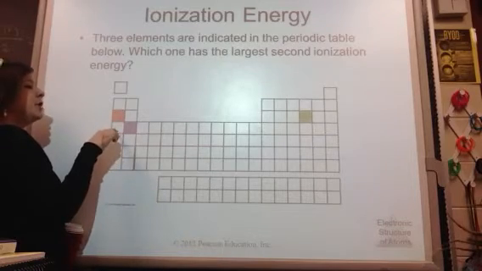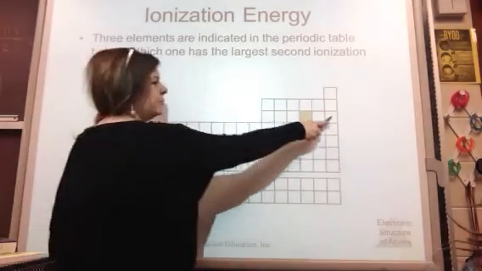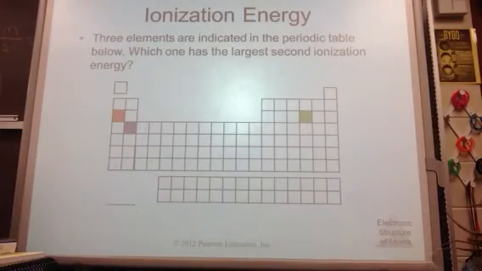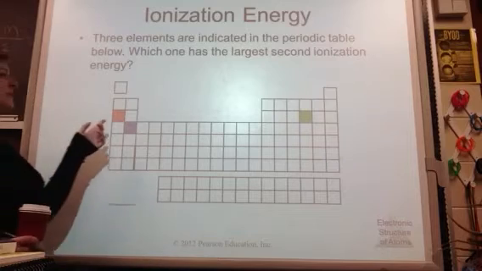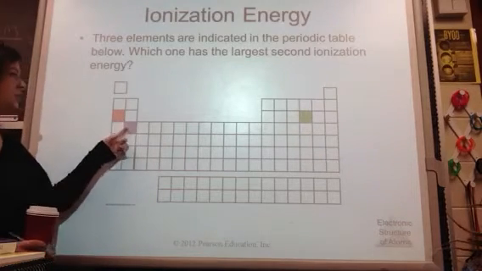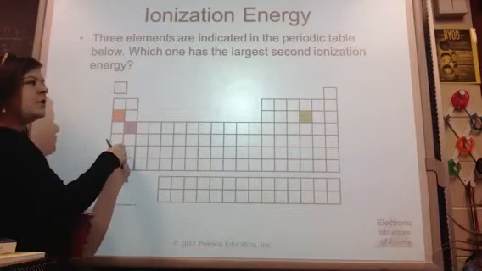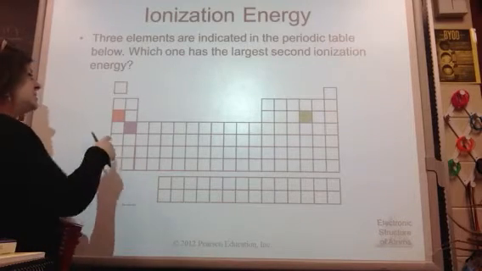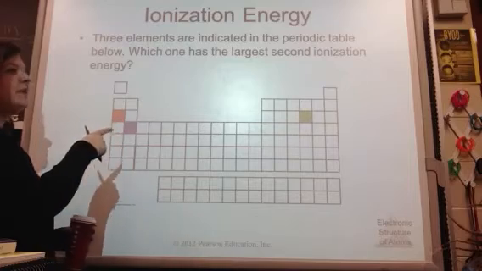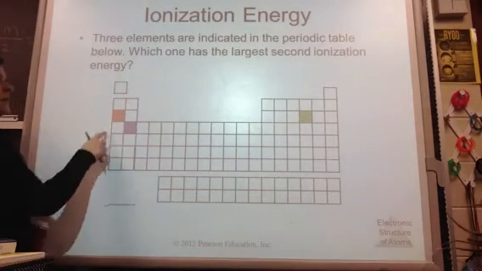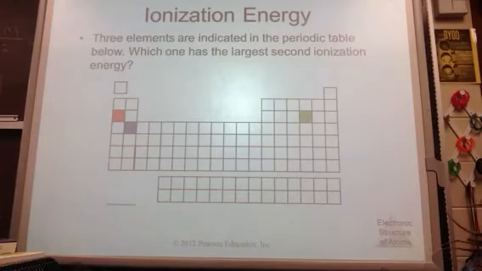If it removed another electron, that would place it right here as if it had argon's noble gas electron configuration. So this actually wouldn't take much energy at all compared to sodium, right? Because all I did was remove those outermost electrons, versus in sodium, I had to remove one of the inner electrons, and we don't want to do that. So right now, sodium is going to have that largest second ionization energy.